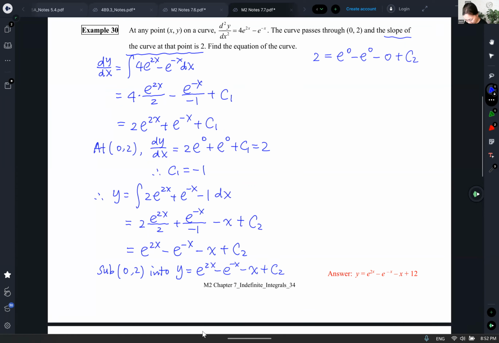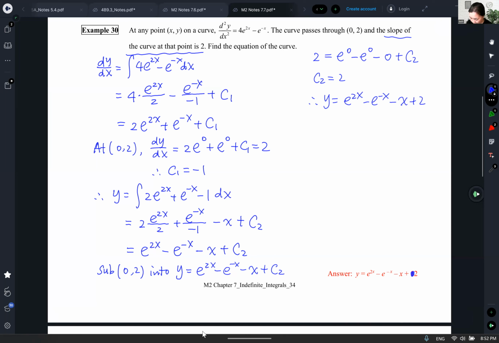I hope that's correct. Or is it 12? It can't be 12, huh? c2 equals 2. Therefore, the curve should be y equals e^(2x) minus e^(-x) minus x plus 2. There's no way to get 12.